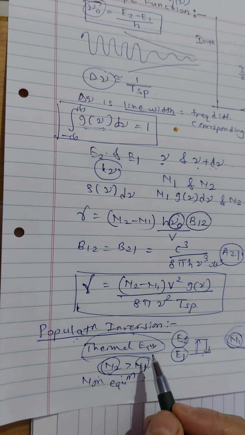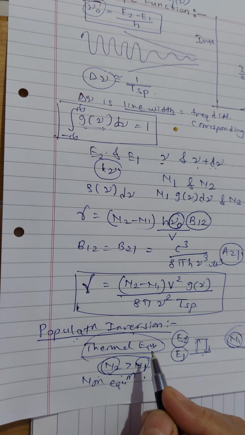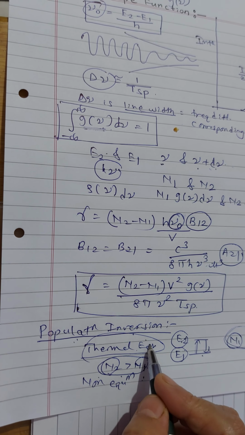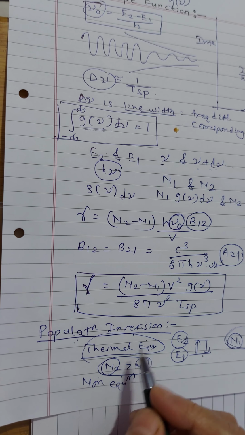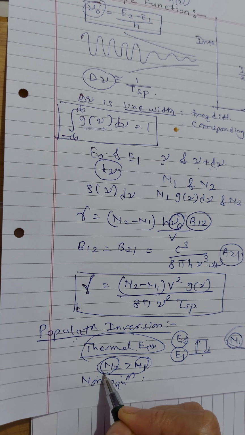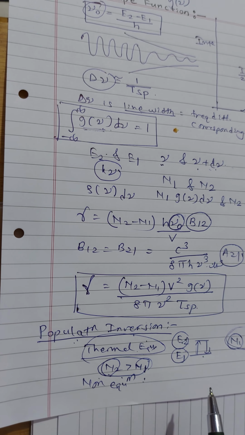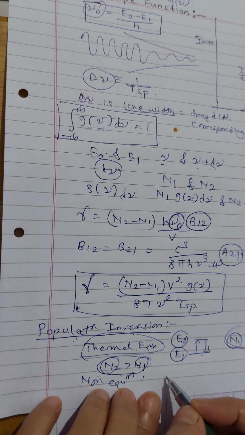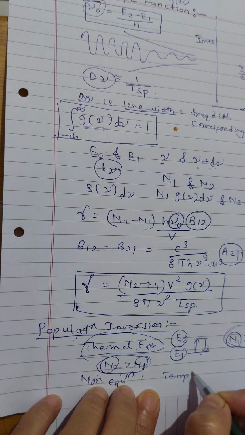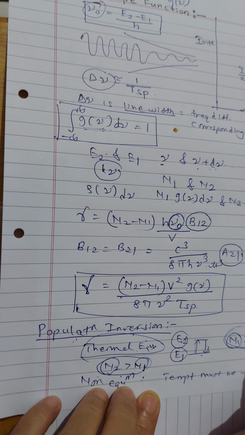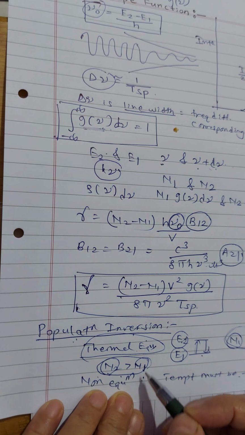Now, extending the Boltzmann distribution to this non-equilibrium state of population inversion, it is seen that N2 can exceed N1 only if the temperature were negative. A very important condition: temperature must be negative, because if it is positive, you can't get this.